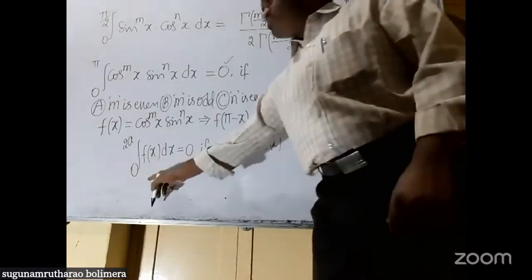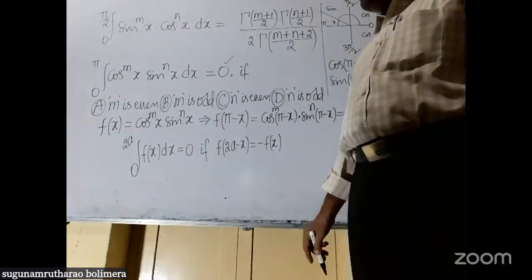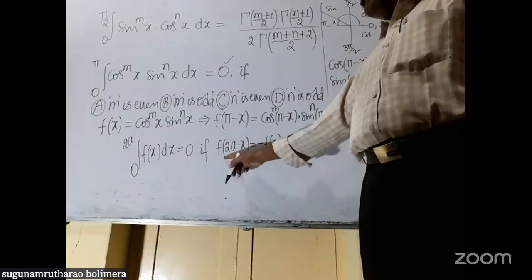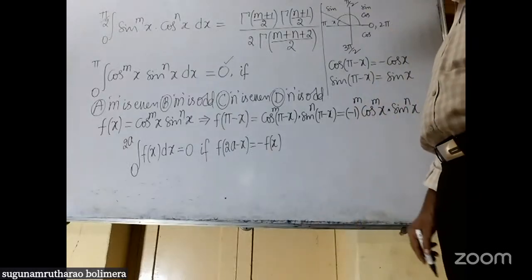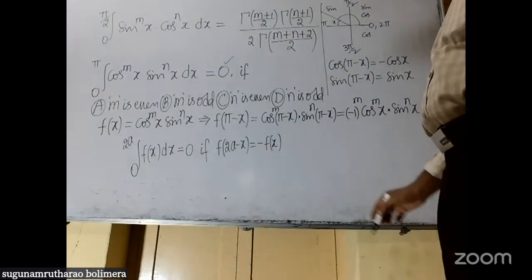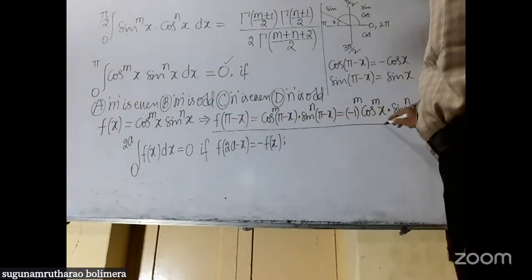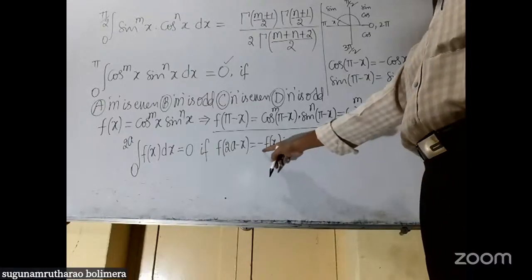So what we are getting is we have f of 2a minus x, that should be minus f of x.